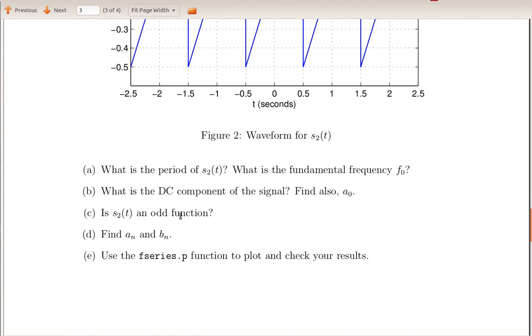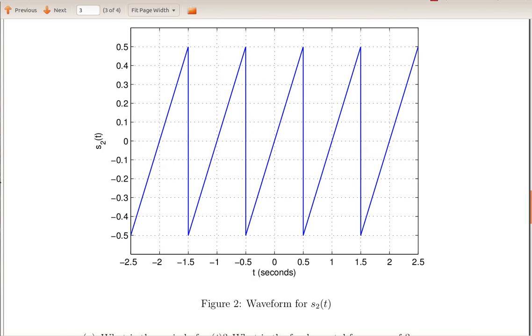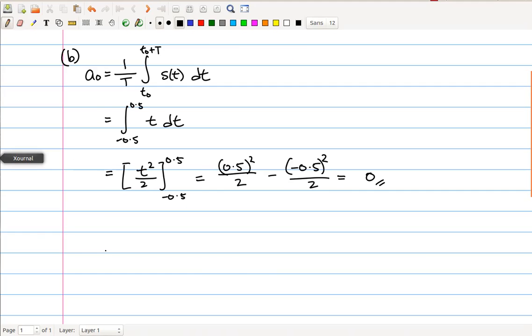Good. Let's go for part C. Is S2 of t an odd function? Let's have a look. An odd function has to satisfy S of t equal to negative S of negative t. Basically what this is trying to say is it has rotational symmetry about the origin.